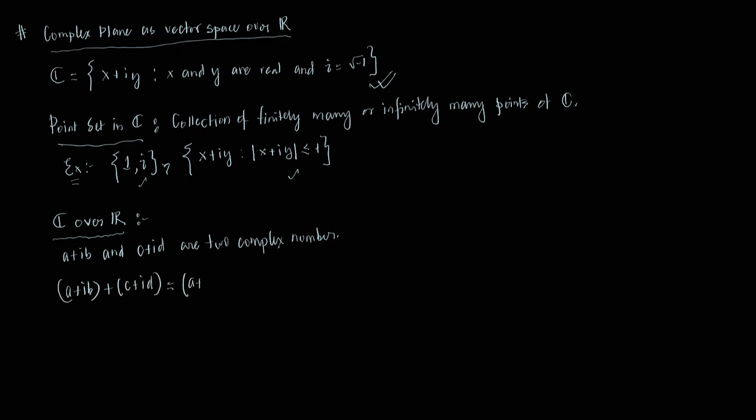That is A plus C plus i times B plus D. So this is like a vector, and we can add those two numbers. So essentially this is the addition operation of the vector space.